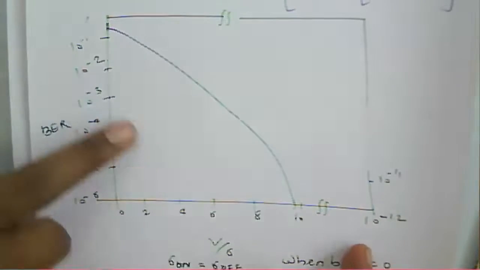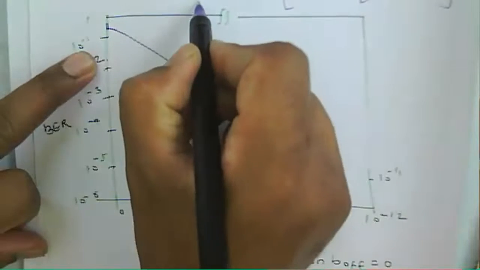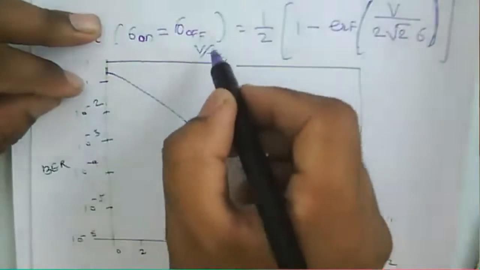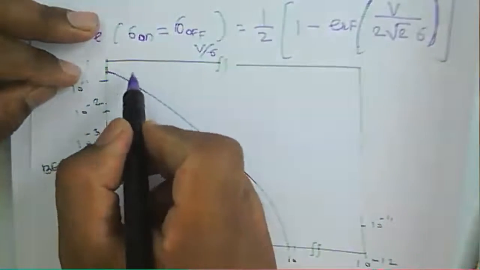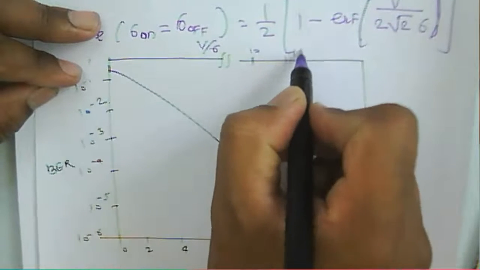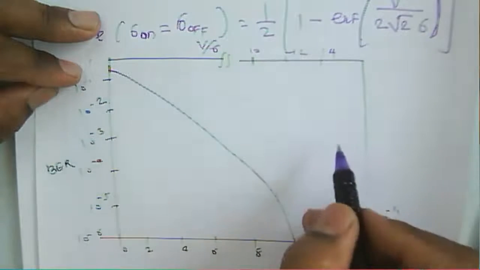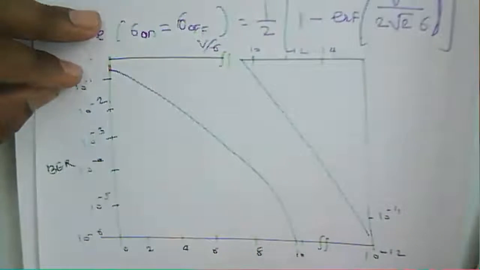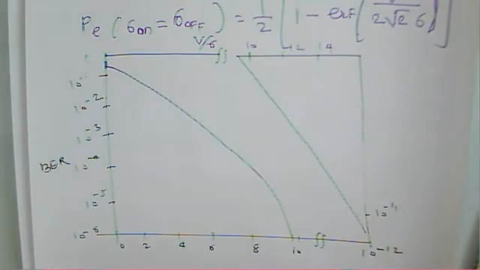But in the case of V, if supposed to be V by sigma is here, that is variance, and then we can say that this one is 10, 12, 14, likewise. So in that case, V of sigma will be likewise. That is about the graph here.